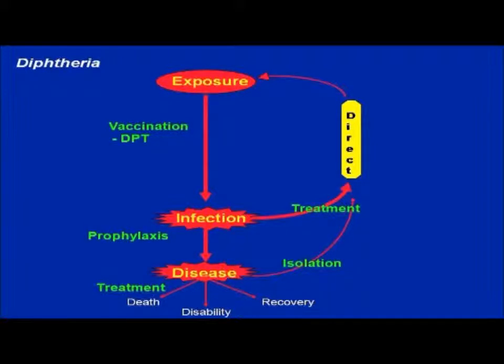The vaccine coverage, I think, is quite high in this country. And also we have some prophylaxis, and sometimes it's very good to separate healthy children from infected children, which is a form of isolation. So we have several points to cut this cycle in order to control diphtheria among the human population.